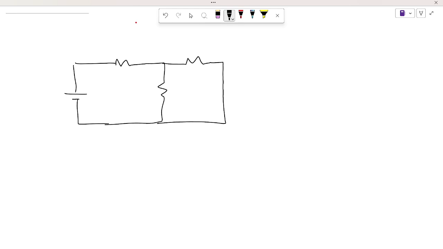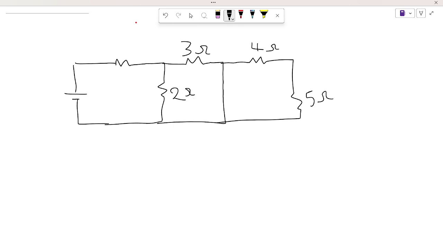We are going to just briefly look at them as we go through the questions. So here we have 2 ohms and we have 1 ohm here and we have our voltage source here.